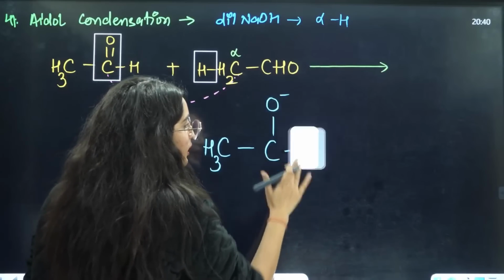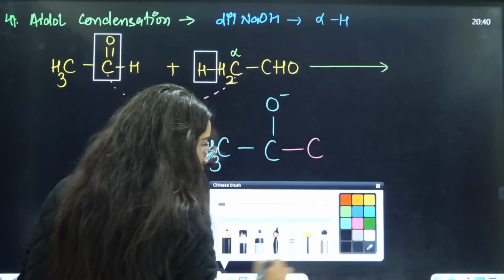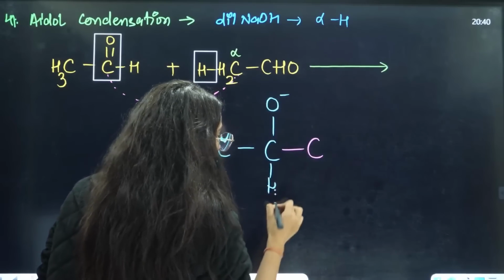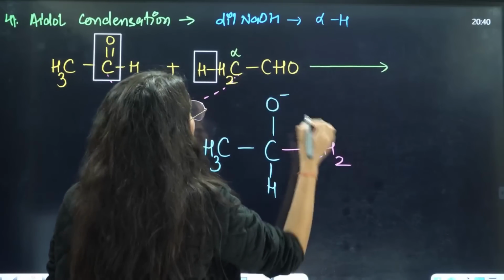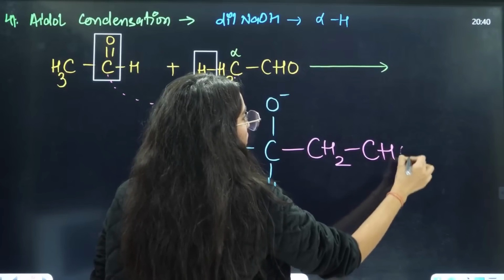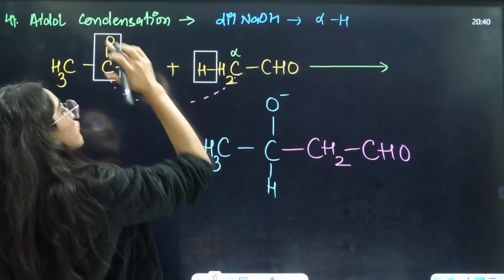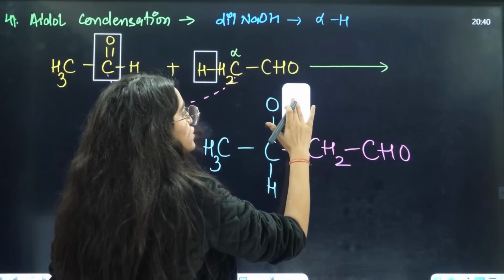Now C is having two hydrogens here, and it is having one CHO. This hydrogen is shifted to this O negative, so hence you will have H here.